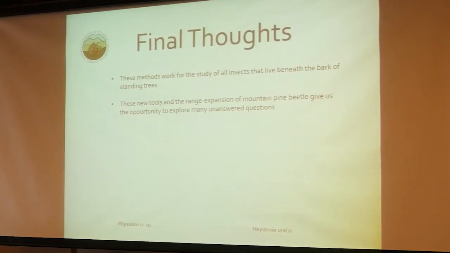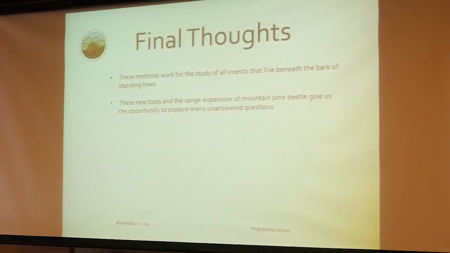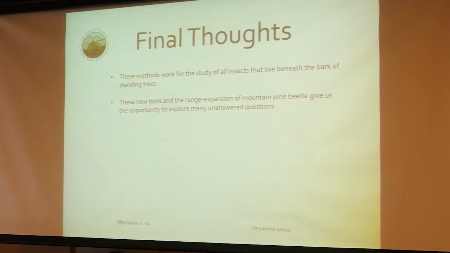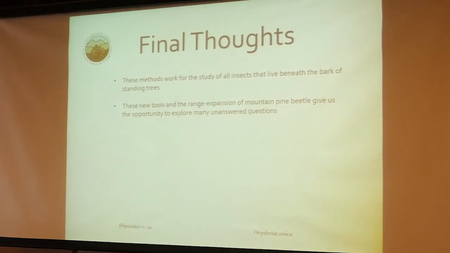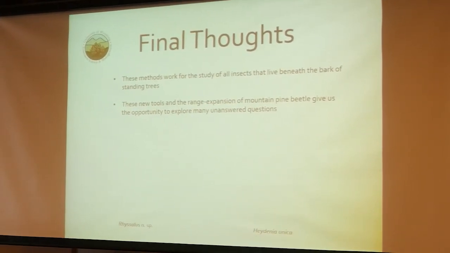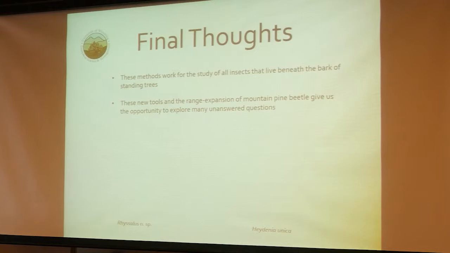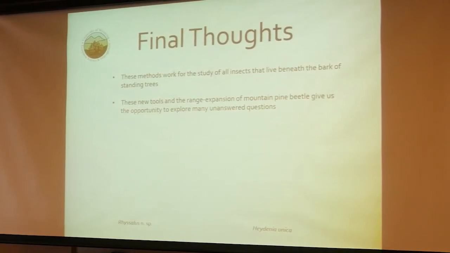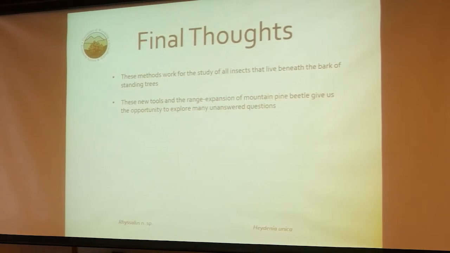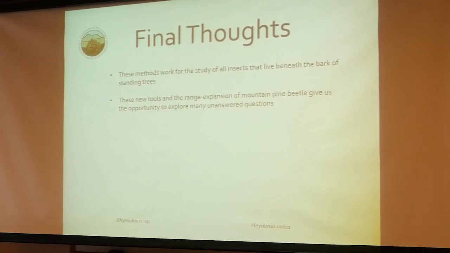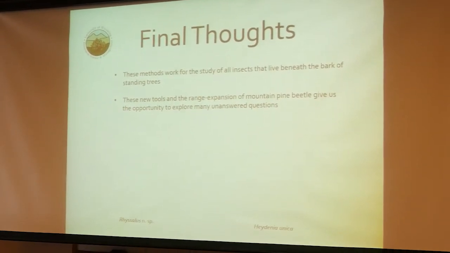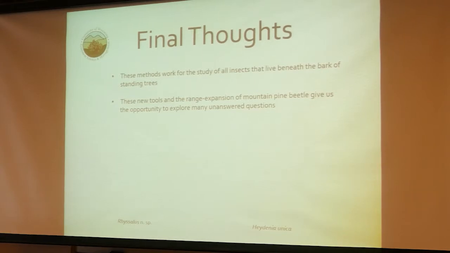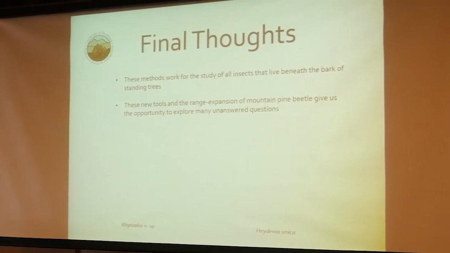As bad as it looks here, they were much, much worse in Canada, in these areas. And one of the reasons that happened, I believe, and it's been brought up in research papers in the past, but nobody's actually done a study, is that the natural enemies of bark beetles in those areas are not adapted to mountain pine beetle. This type of experiment, the predator exclusion experiment, can be used to test that hypothesis.